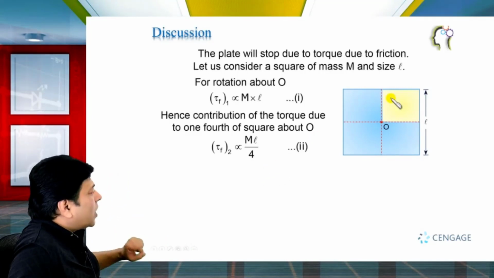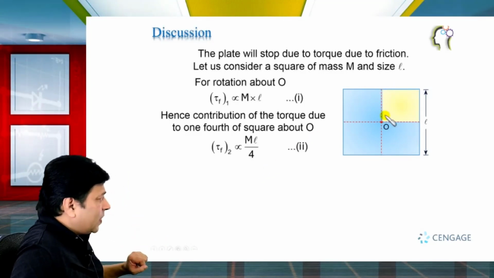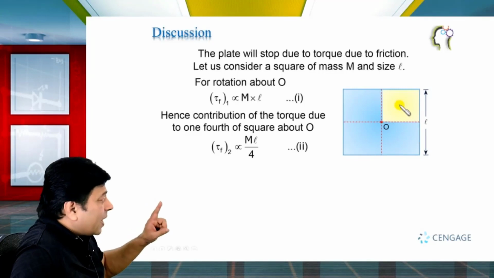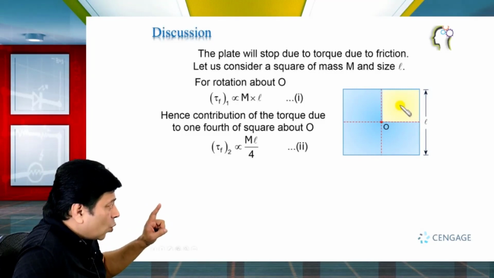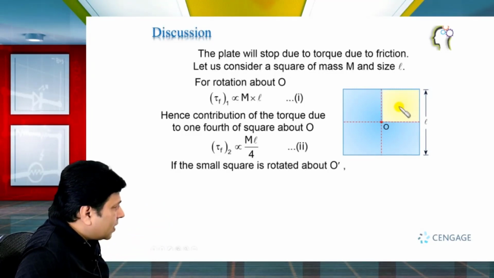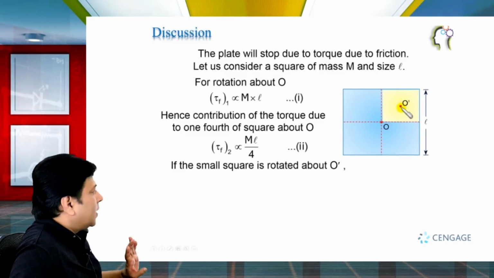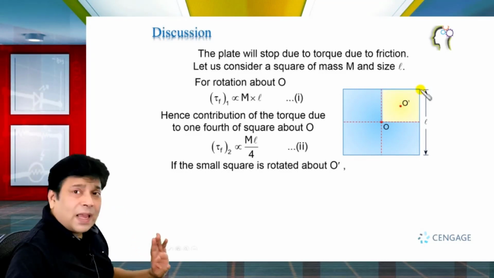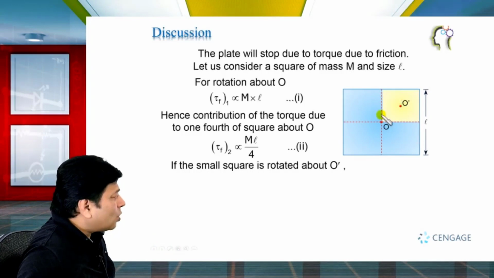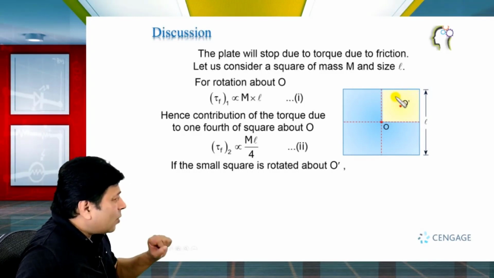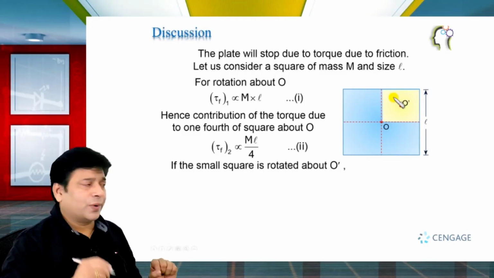Now consider only this part, this square plate, and let us make the center of this plate O dash. We know the size of this section of the plate is L by 2 and its mass is M by 4.